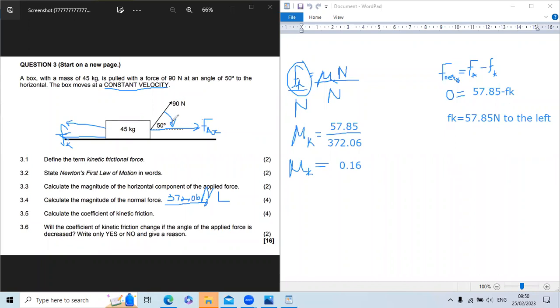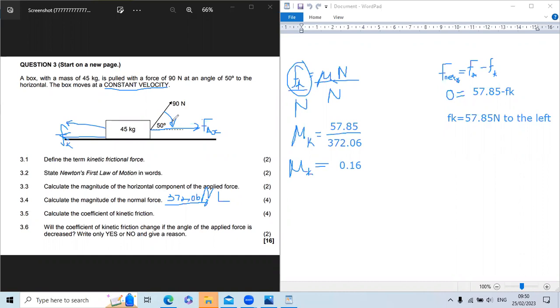Before you can relate the applied force to the coefficient, you have to relate it to the friction. So if you change the applied force, isn't the friction also going to change? Yes, sir.